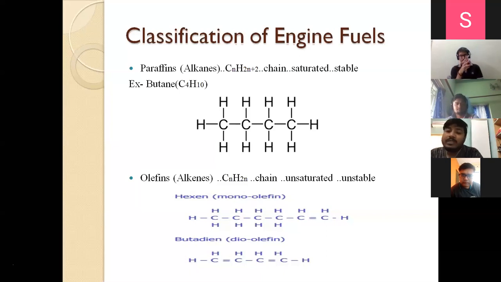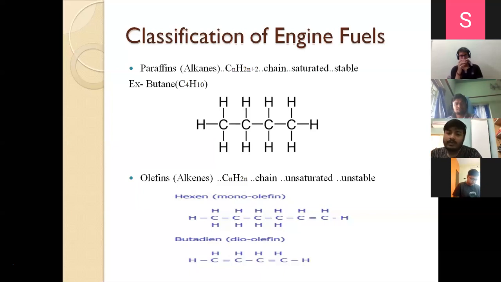The next category is alkenes. The chemical formula is CnH2n. What are the characteristics of this alkene or olefin group? It is chain, unsaturated, and unstable. Though this alkene group is chain, you must remember it is unsaturated and unstable.